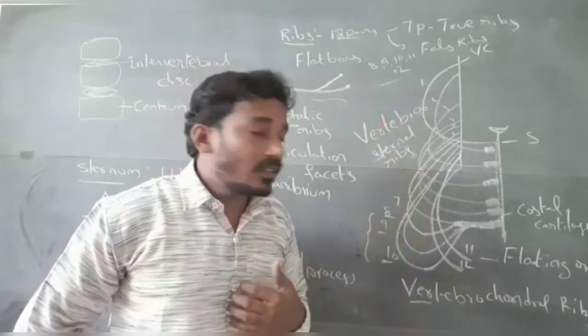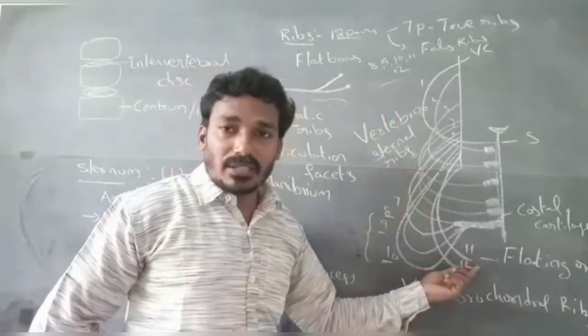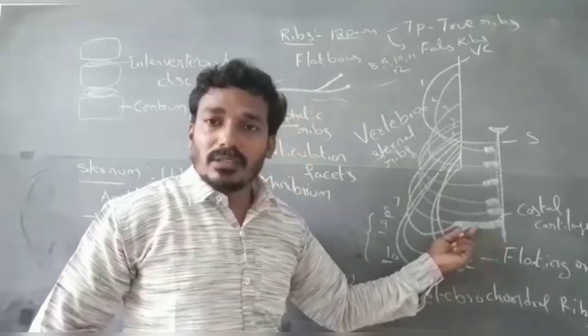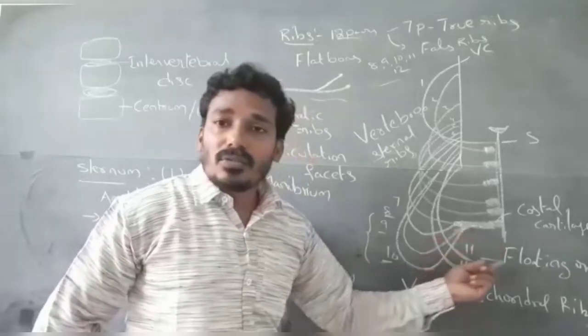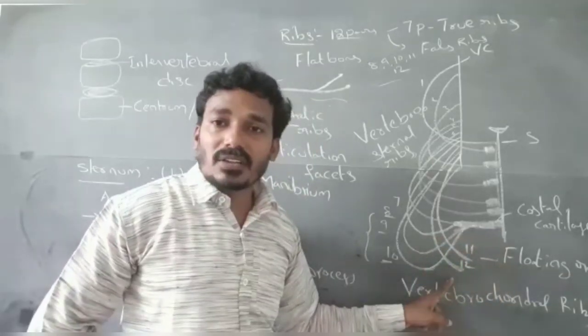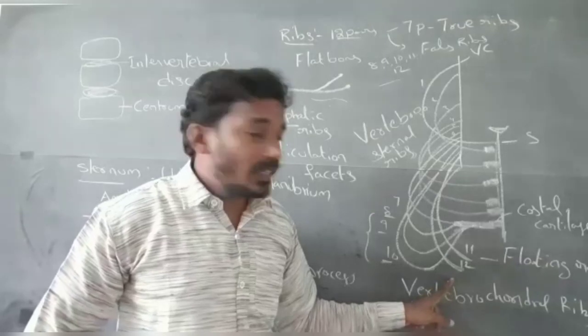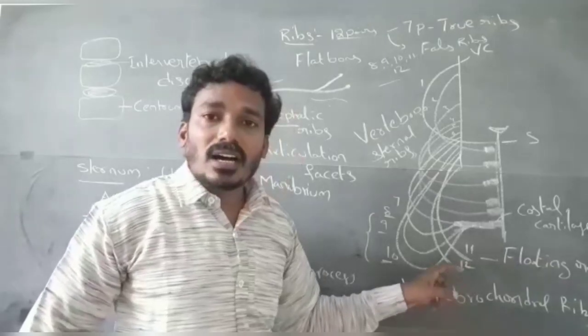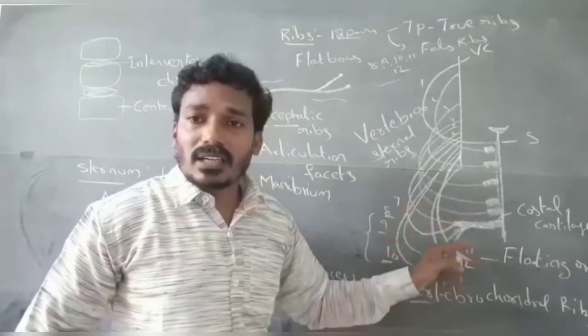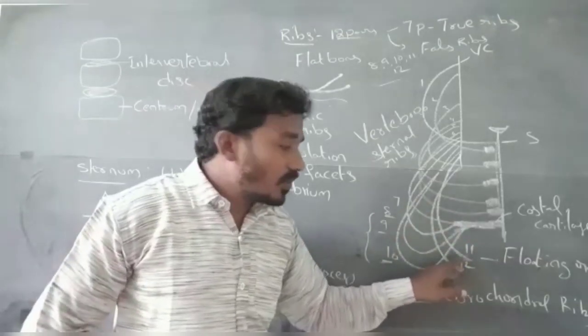In the ventral region, there is no attachment with the sternum or seventh rib. Ventrally, these ribs are not attached with the sternum or other ribs. So these are called floating ribs.